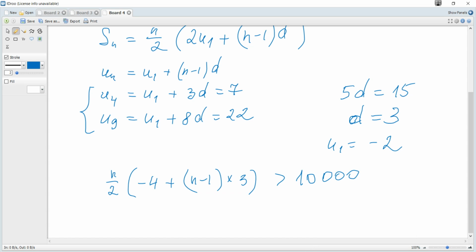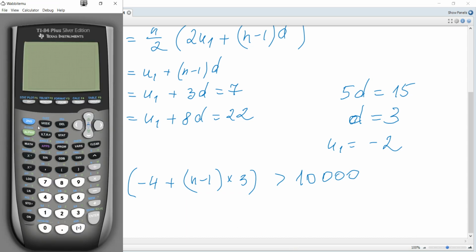And using a calculator we can consider two functions. One is n over 2 times (negative 4 plus 3 times (n minus 1)), and another is 10,000.